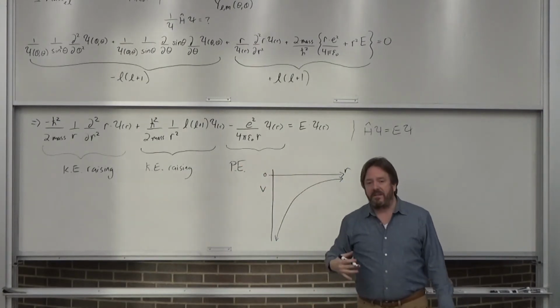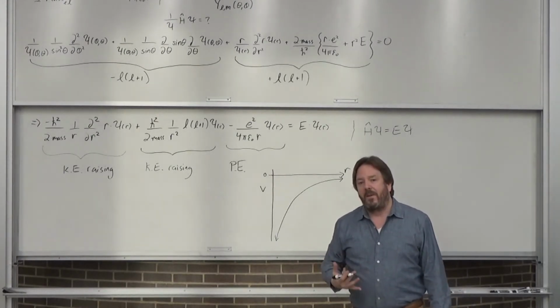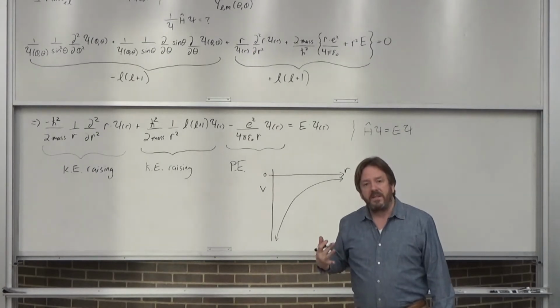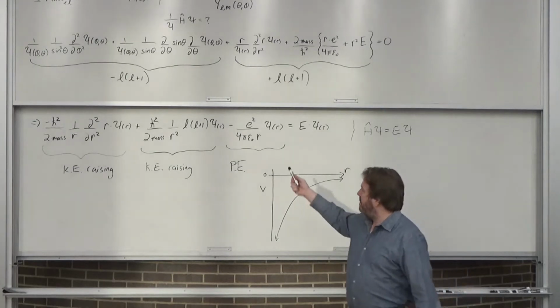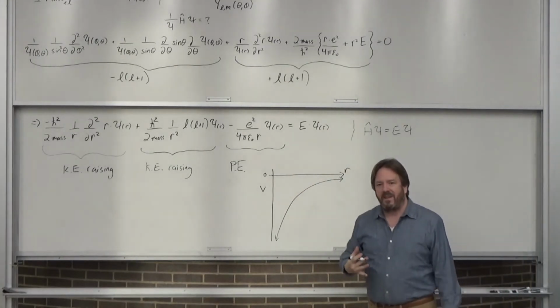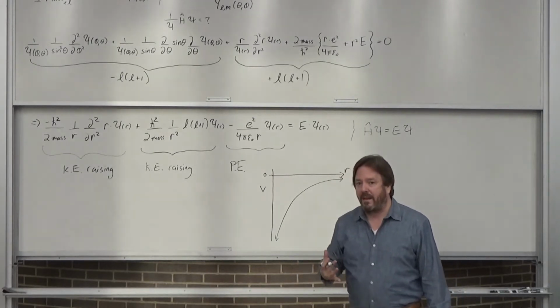The energies that we calculate for the hydrogen atom are negative. This is very unusual. You may recall that all the energies for every system that we have looked at till now, the total energy, has always been positive. That's kind of sensible. In this case, the hydrogen energies are all negative.